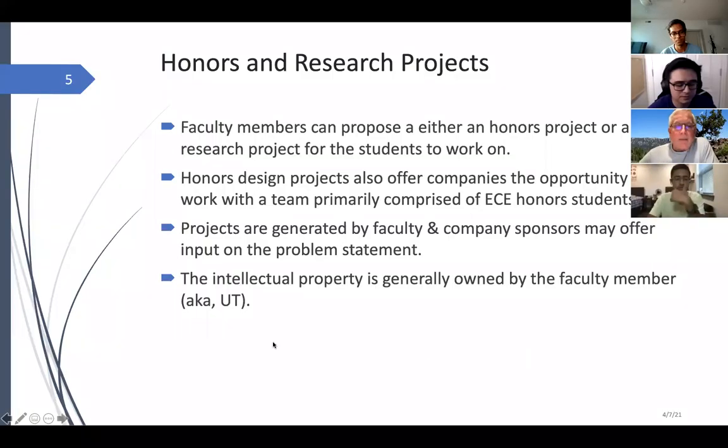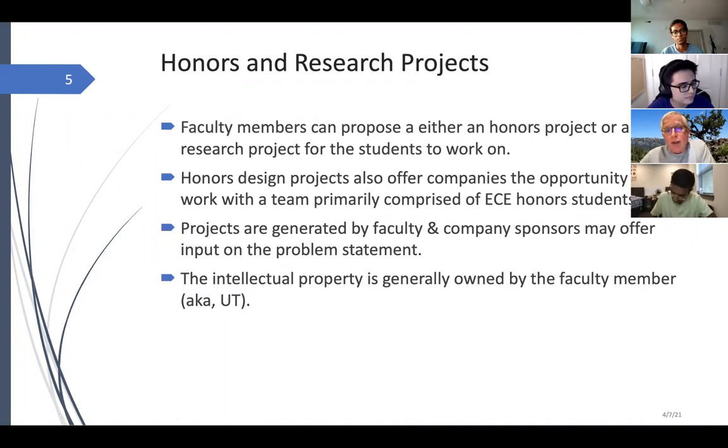Sorry. All right. So the projects may also be generated by the faculty and company sponsors. This is something new that was piloted a couple years ago, where the faculty is working with some company sponsor on, say, a graduate research problem.